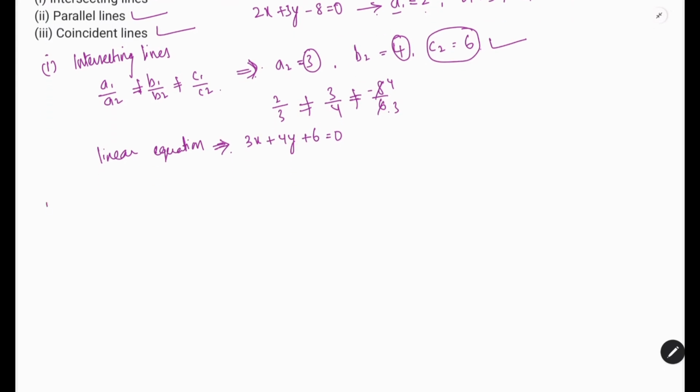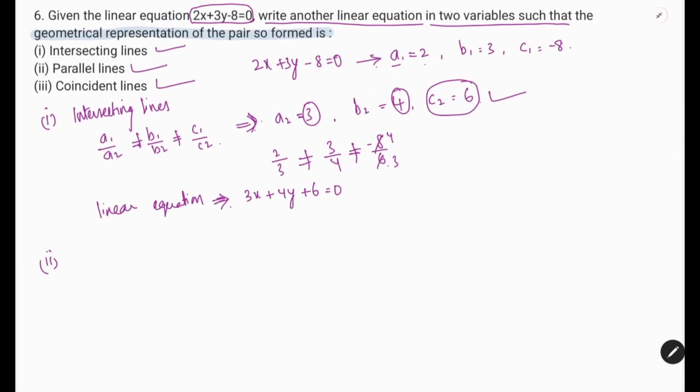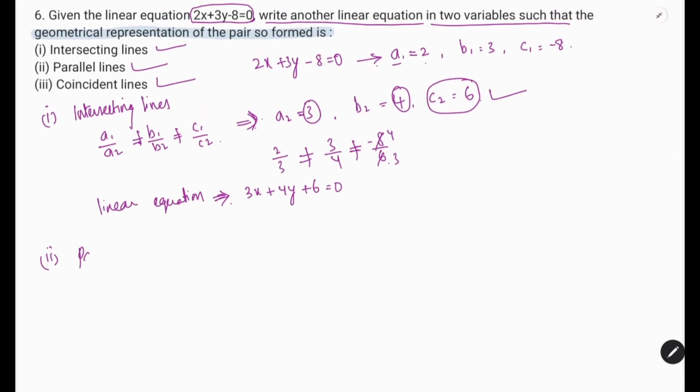Now the second one: if the lines are to be parallel, what is the condition? The condition is a1/a2 = b1/b2 is not equal to c1/c2.